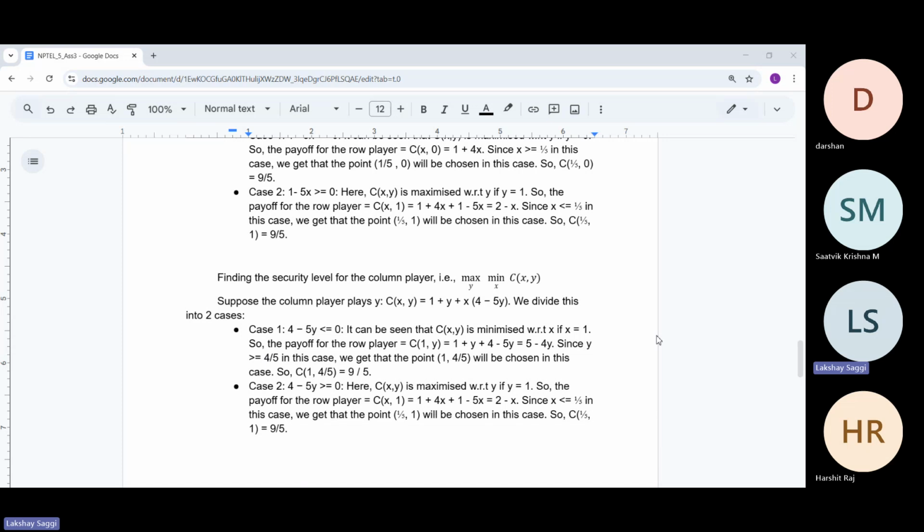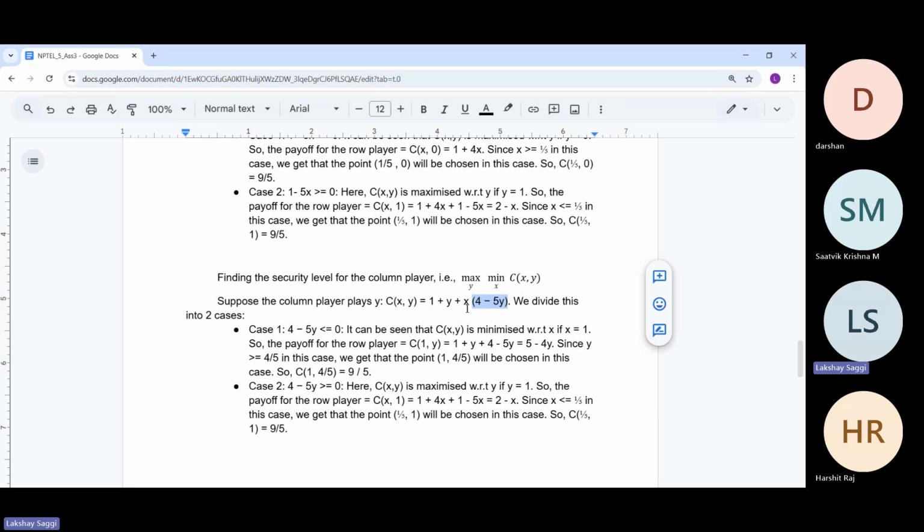Okay, so Harshit is saying case 1 is y is 4 by 5, but x is 0. Hmm. Why? So with respect to x, Harshit, we want to minimize the thing, right? And if 4 minus 5y is less than or equal to 0, then this quantity is negative.